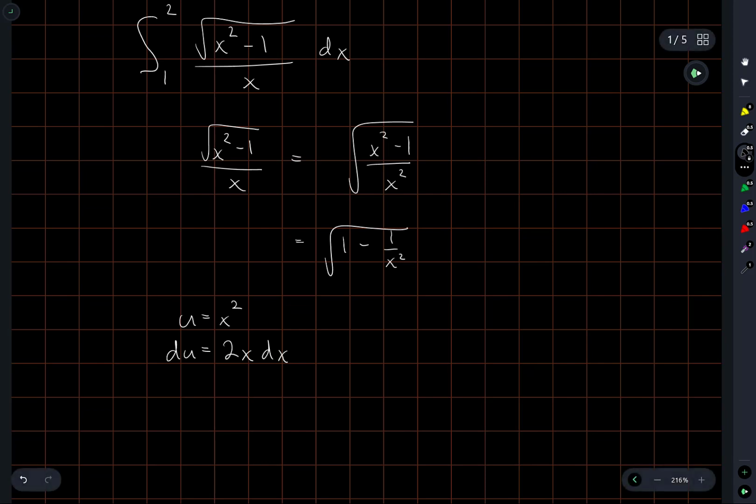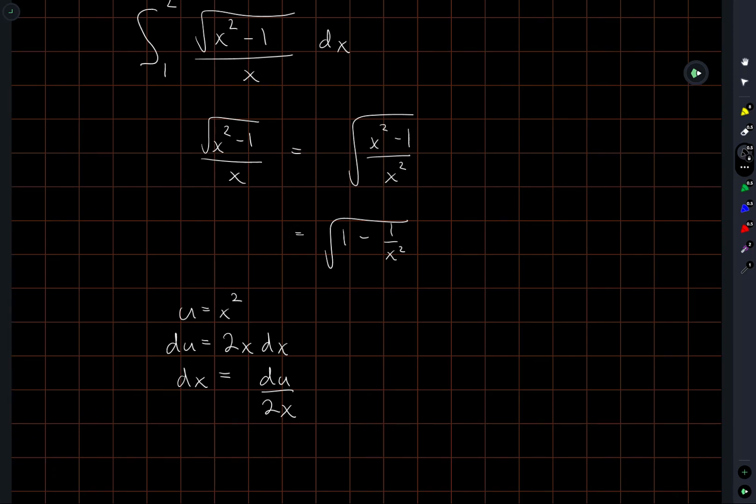So then what do I have here? I have dx is equal to du over 2x.